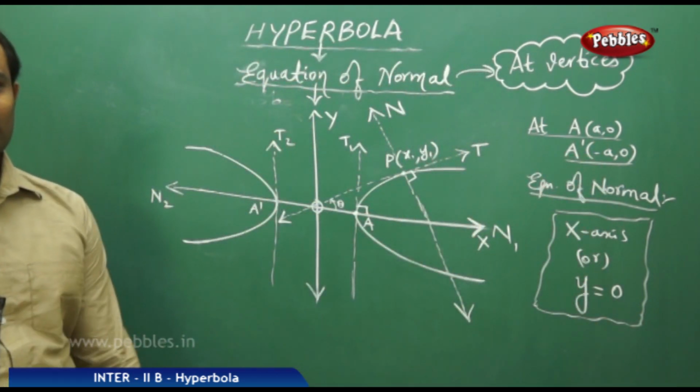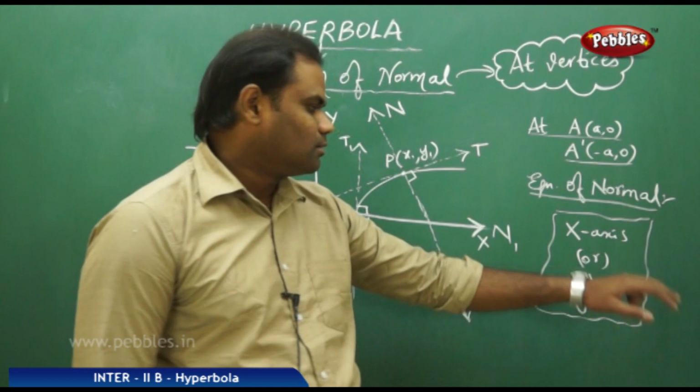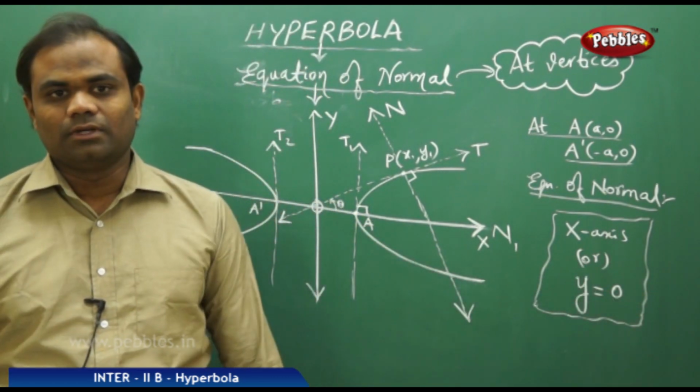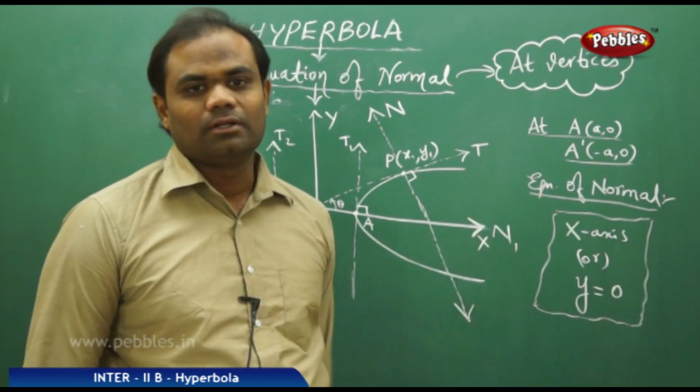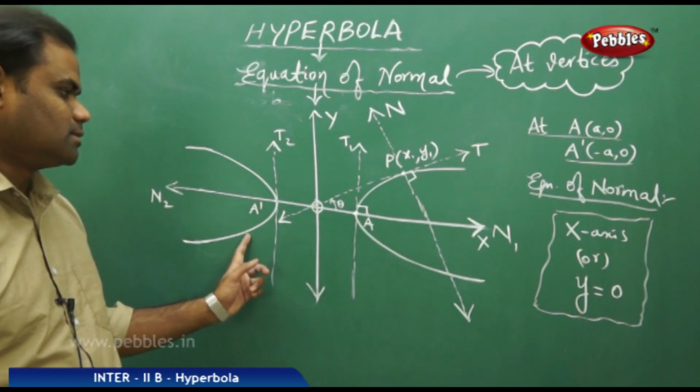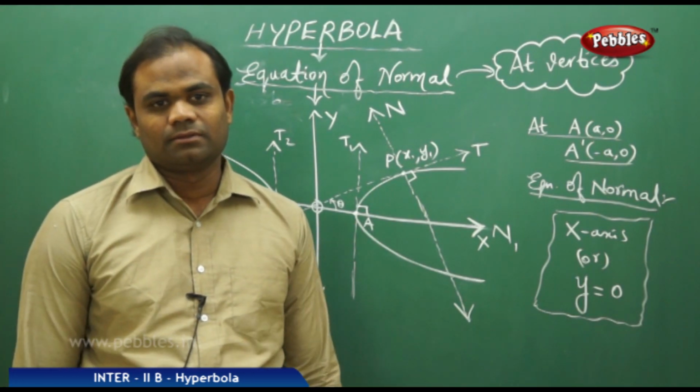This is how we understand the normal connected with the vertices as the special case.